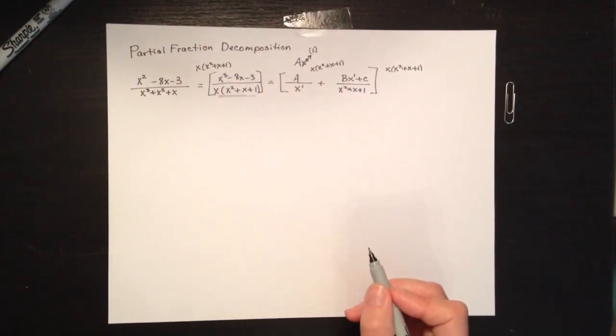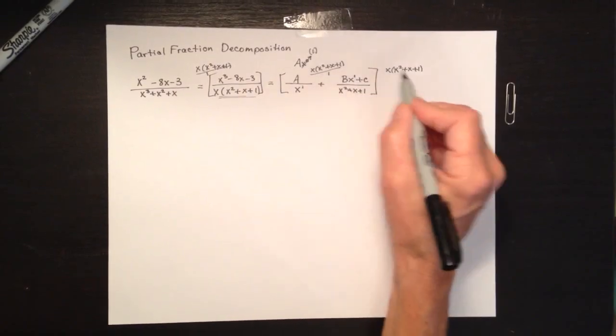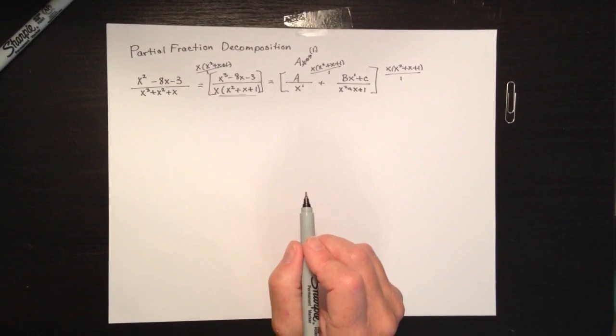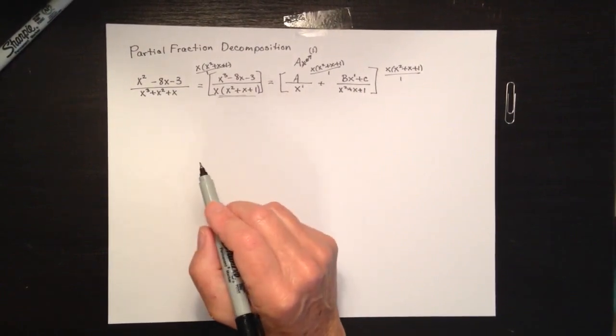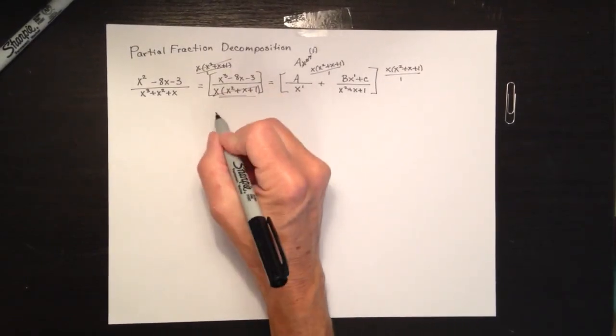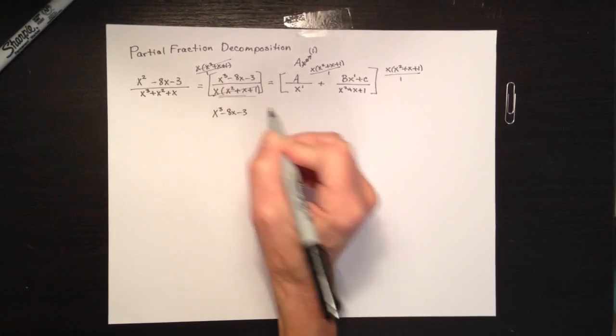When we multiply on the left side, I'm going to write this over 1 like a fraction. This will cancel with this, leaving me with simply x squared minus 8x minus 3 on the left-hand side of this equation.